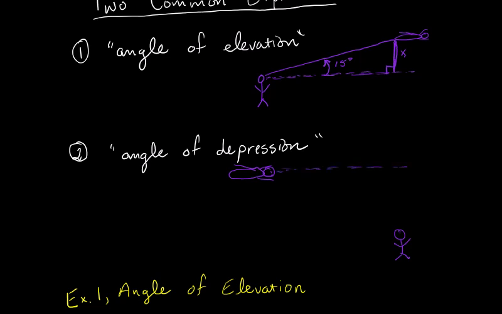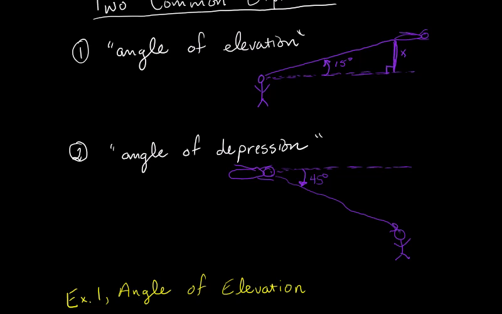The horizontal line would be the trajectory that Superman's flying at, and he's looking down at Mr. Yasuda at an angle of depression of, let's say, 45 degrees. Once again, the angle of depression has to come from a horizontal, just like the angle of elevation.